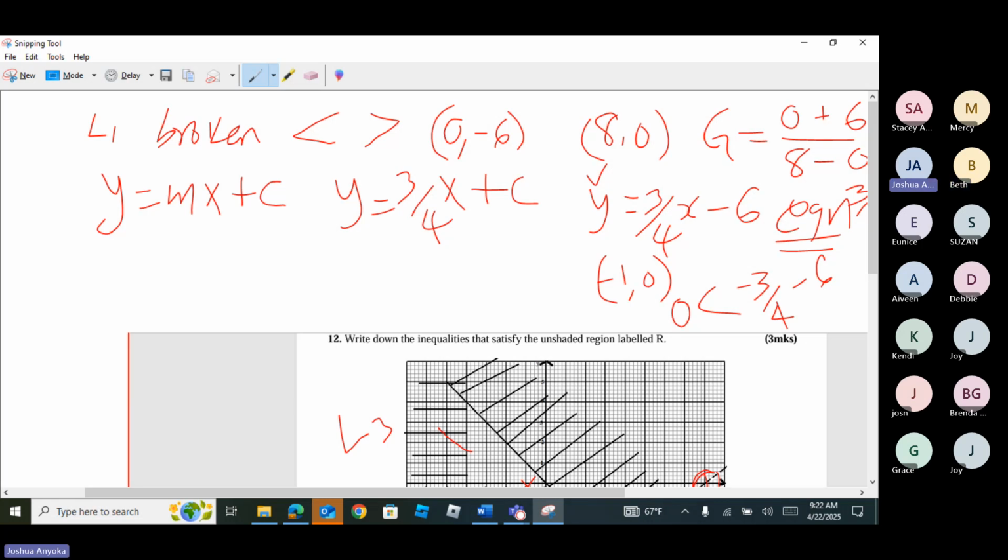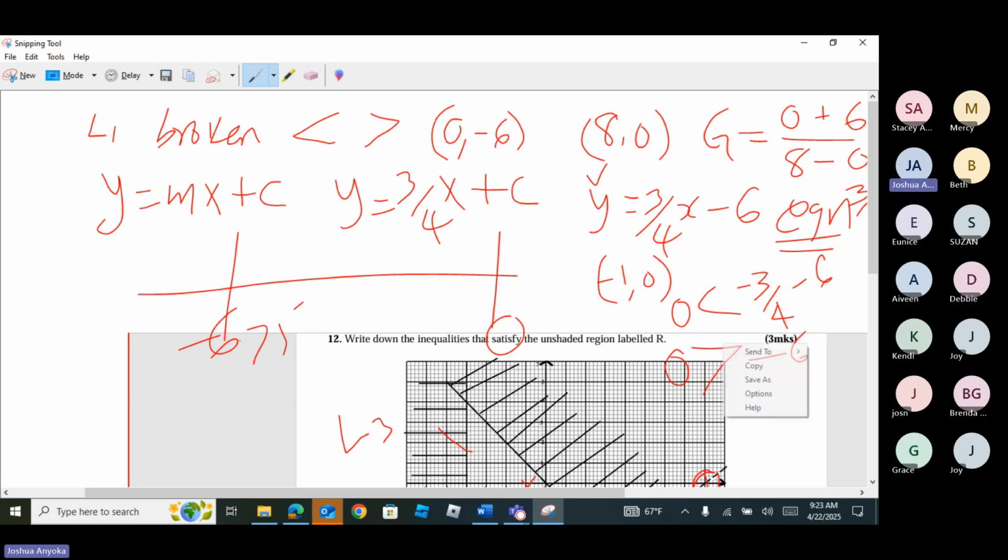Because on the number line, -6.75 and 0, which one comes first? From the number line, we get -6.75, then we get 0. Any number to the right of the other one is greater. So 0 is greater than -6 and 3/4.